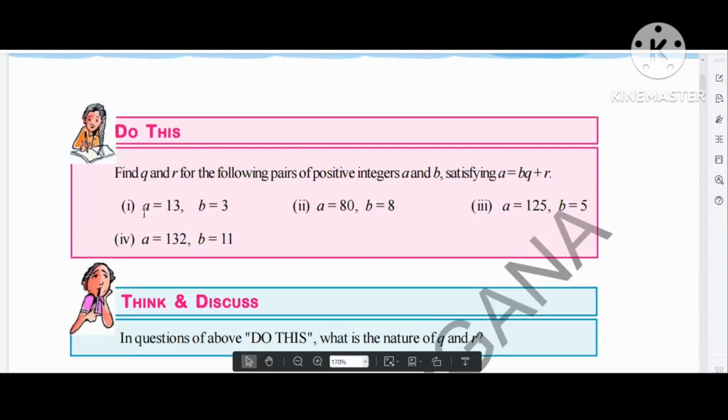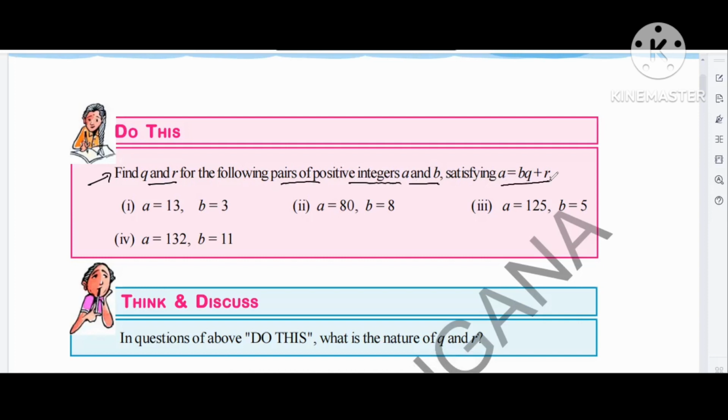So here a equal to 13 is given. What is the question? If you see the question, find q and r for the following pairs of positive integers a and b satisfying a equals bq plus r. Means for these given numbers, we have to write the division algorithm. That we can write very easily. For example, if you consider the first one, we know a equals bq plus r.